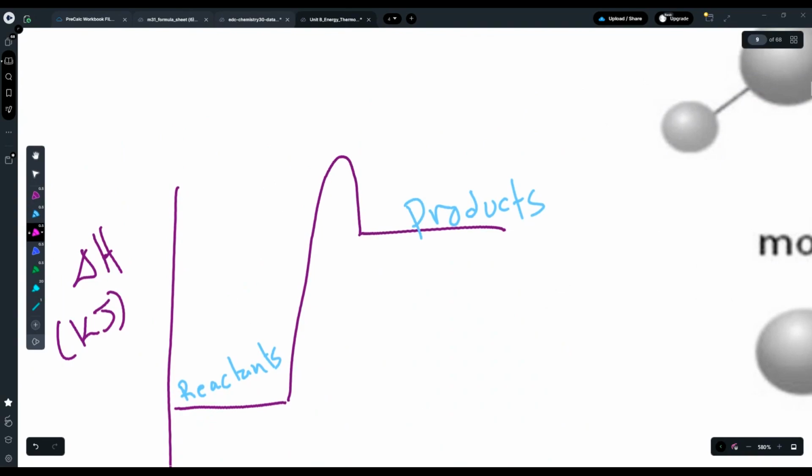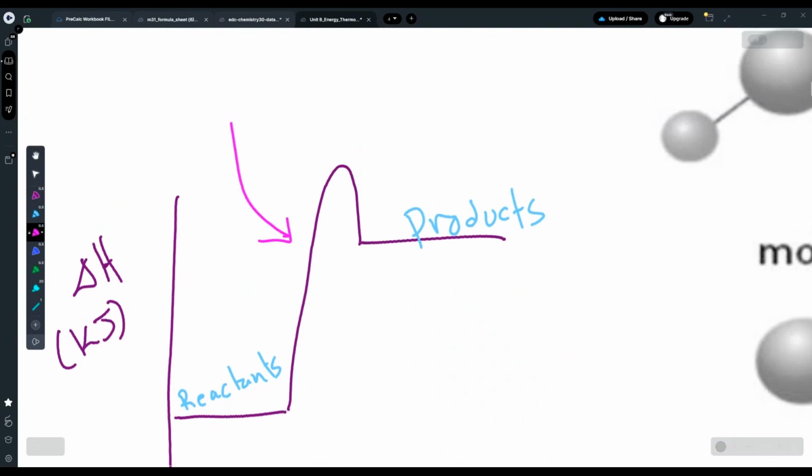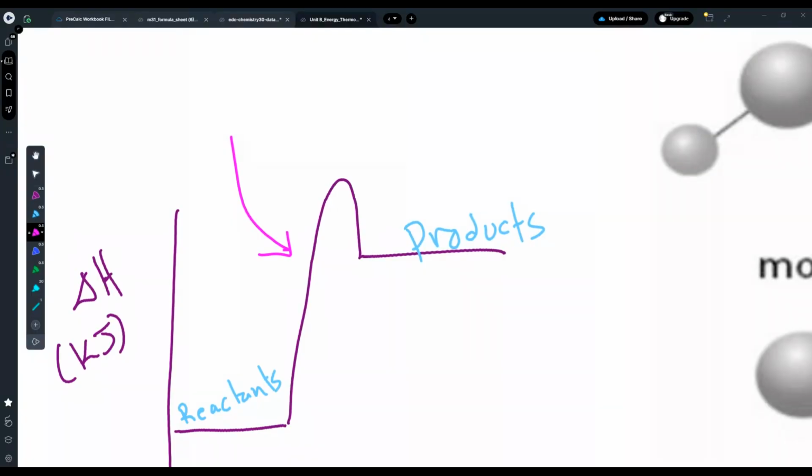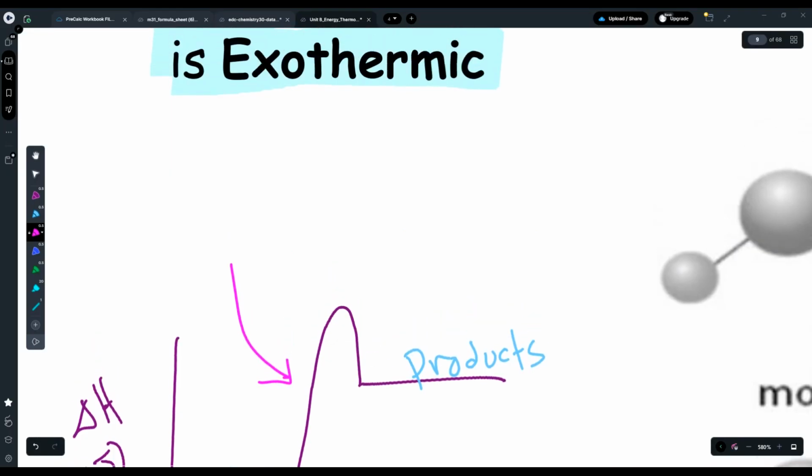So what's happening here at this point is that we're gaining a whole lot of energy in order to break the bonds.